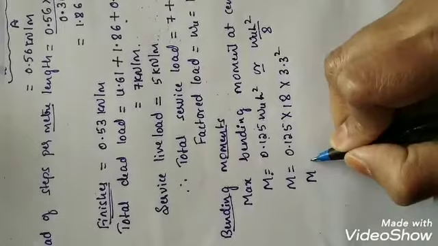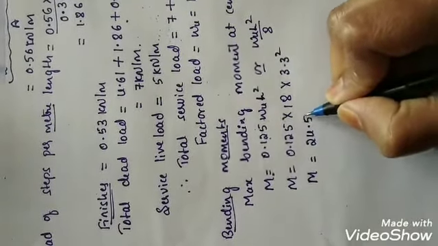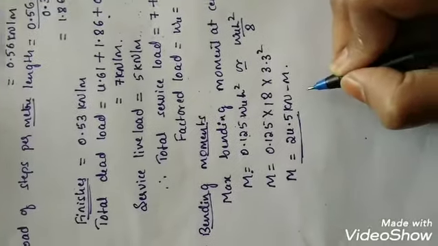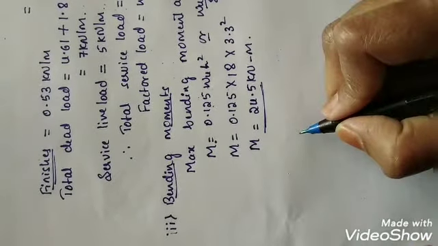Therefore M, if we calculate, we have got the value 24.5 kilonewton meter. All the units are in terms of kilonewton and meter, so I have substituted in terms of kilonewton and meter only.